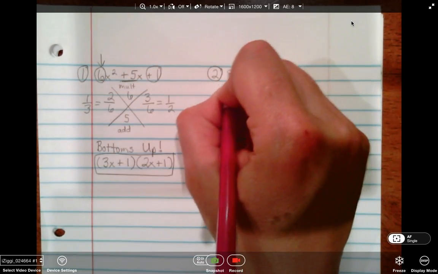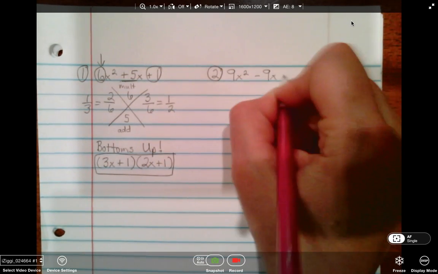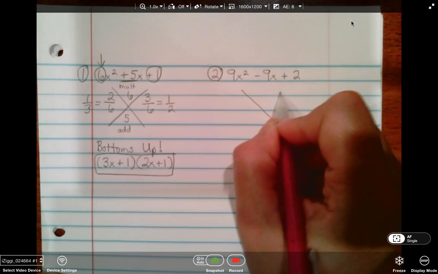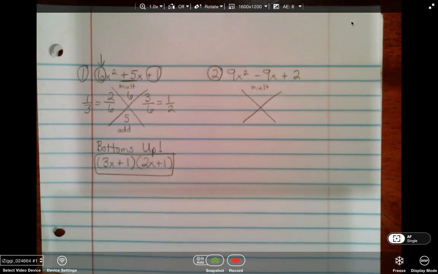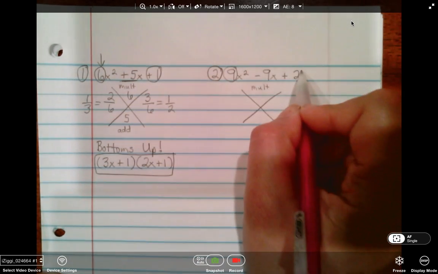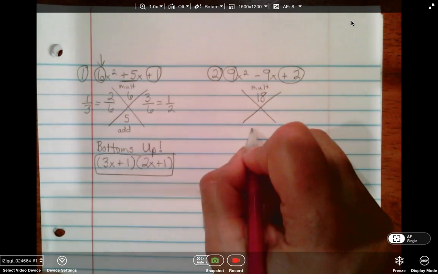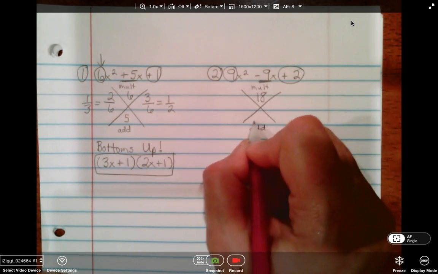Okay, now we have 9x squared minus 9x plus 2. I'm looking for two numbers that I multiply to get 9 times positive 2, or positive 18, and that I add to get negative 9.